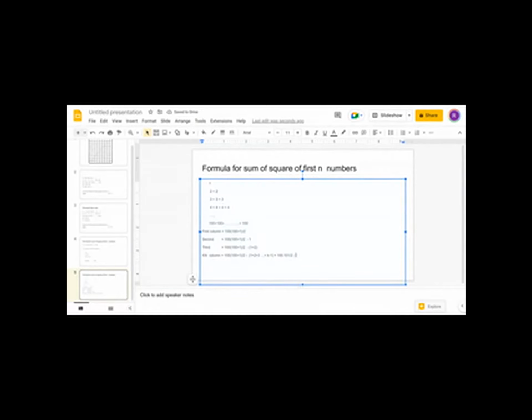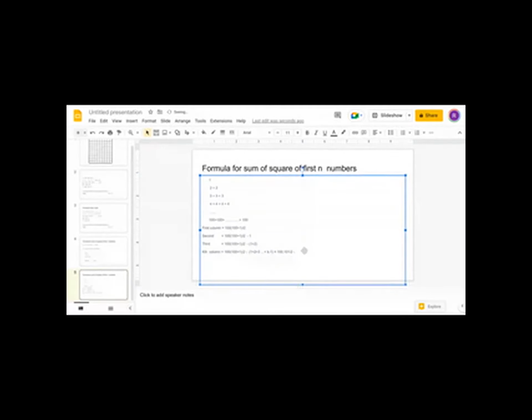Anyone want to say? We already derived the sum of the first 100 numbers, right? So what is the formula for this? k minus 1 into k minus 1 minus 1, whole divided by 2. Okay, just repeat once more.